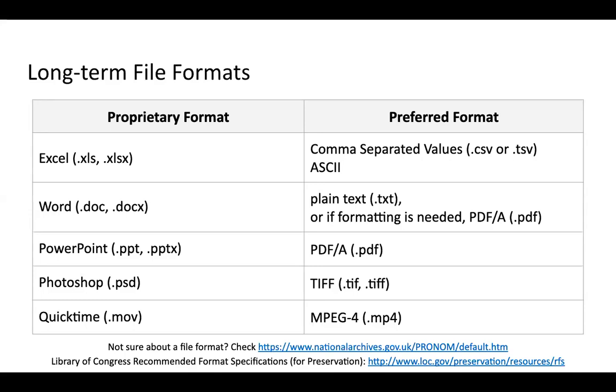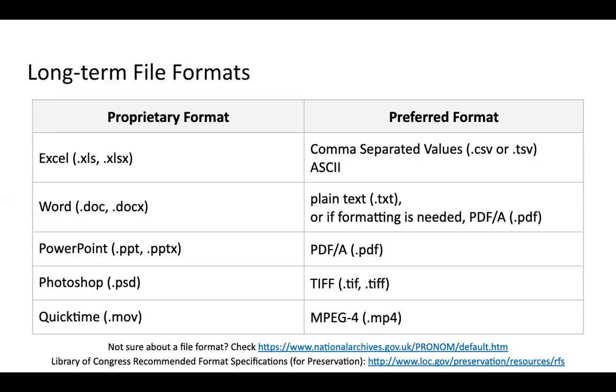Accessing your data really should not require proprietary software, if possible, or hardware, or the need to purchase a commercial license. But this is mostly because proprietary formats can change over time. Developers can go out of business and you won't be able to access the software that at one point opened these files, and you don't have to pay for licenses to actually open these files years later down the line.